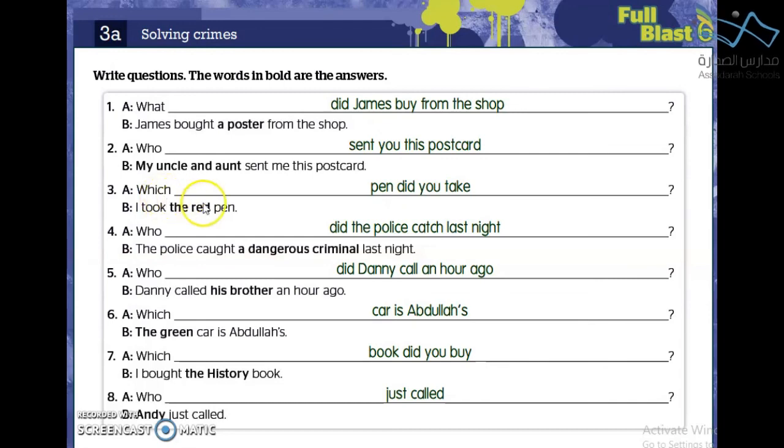Which, then a person, a thing, or an animal that I want to ask about. All these follow which, then I use the auxiliary verb if I want to ask a question about the object.